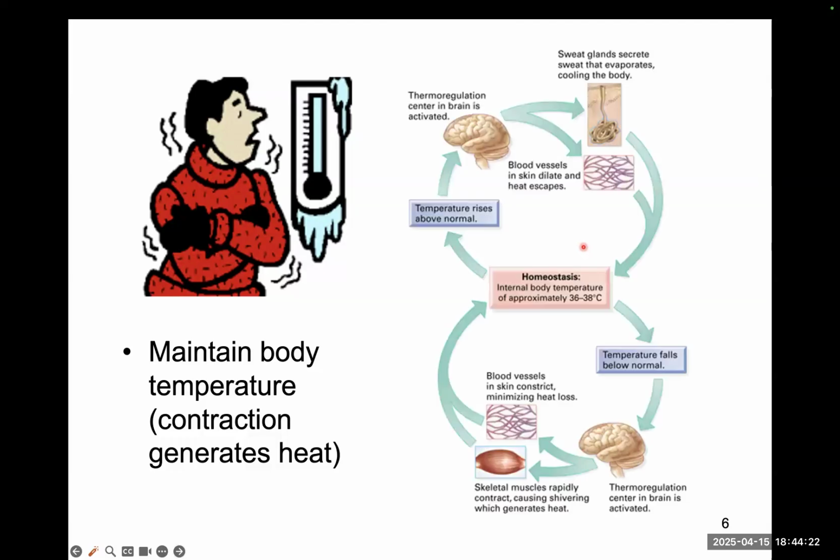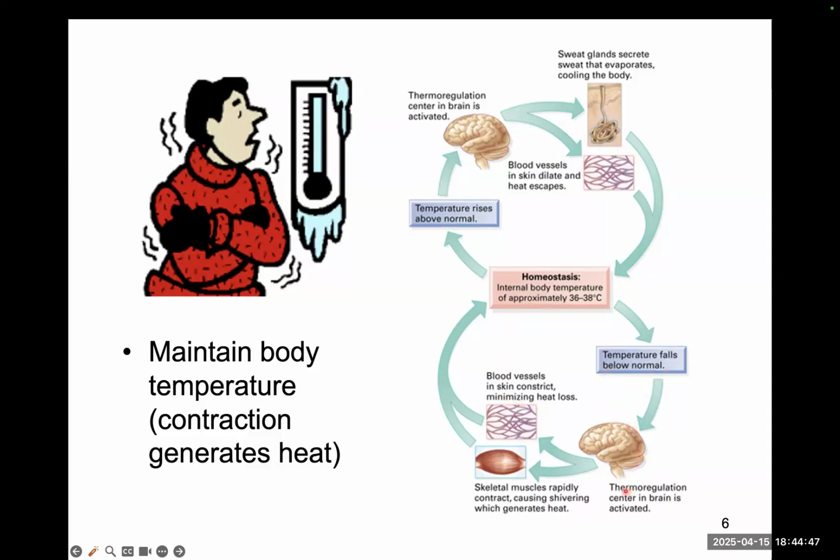So what's happening here is you have to maintain homeostasis, and your body's basically like a thermostat, with receptors in your body. If your body's too cold, the nerve endings in your skin send a signal to your brain that temperature is falling below the normal range.